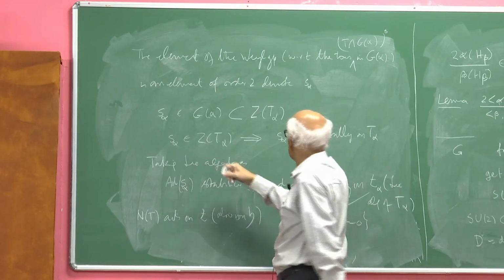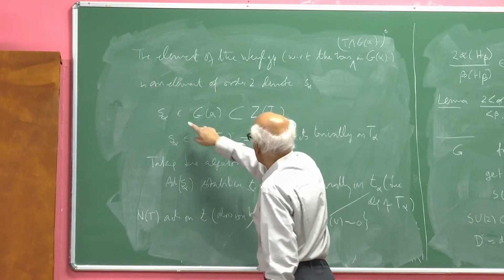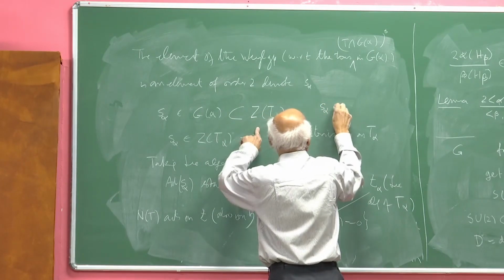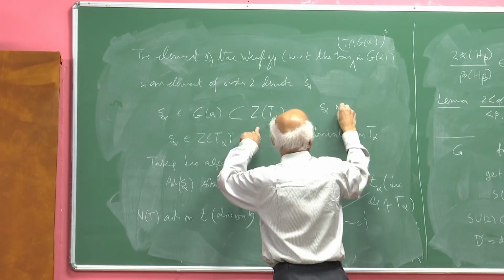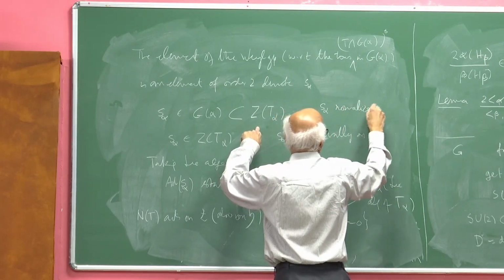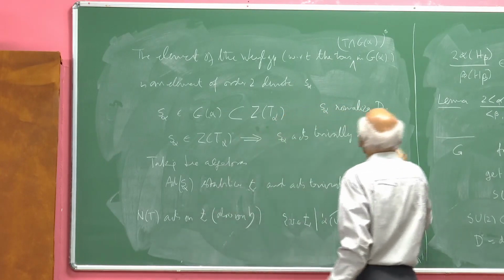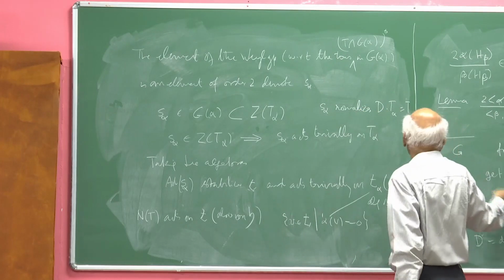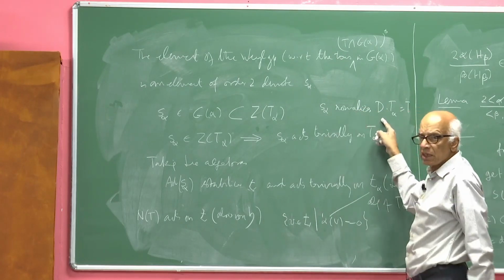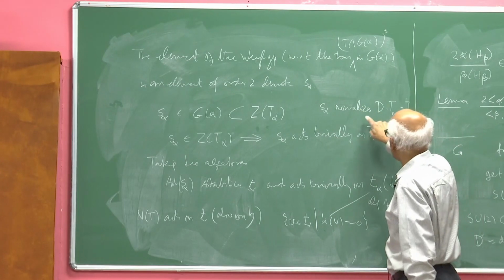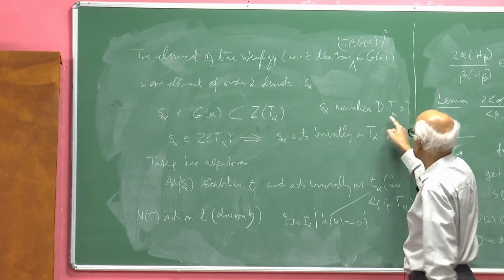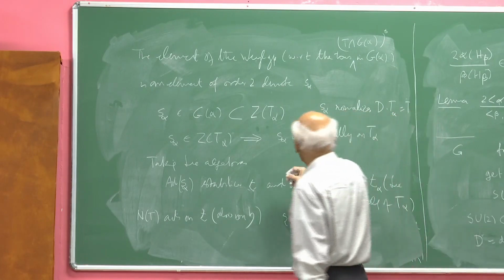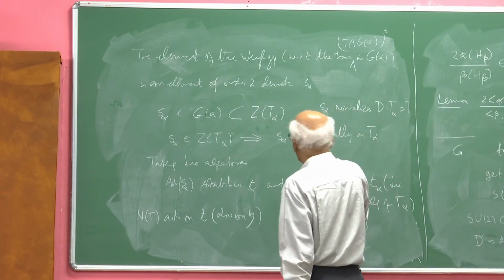So S alpha actually normalizes D times T alpha, which is the torus. D is the diagonals in SU2, which we know S alpha normalizes. In fact, it centralizes T alpha, therefore it normalizes this. So S alpha gives an element in the Weyl group.